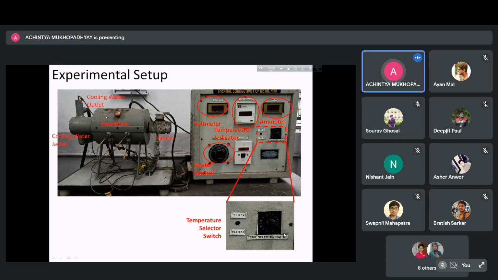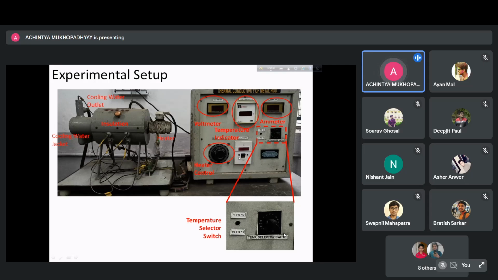And this big cylinder is the insulation, this cylindrical region is filled with asbestos, so that we get a very good insulation, like the insulation that we had seen in the other thermal conductivity experiment. Okay. And this is the control panel.